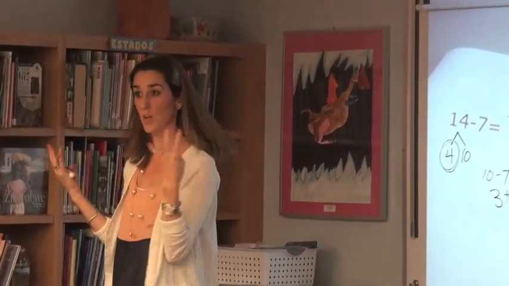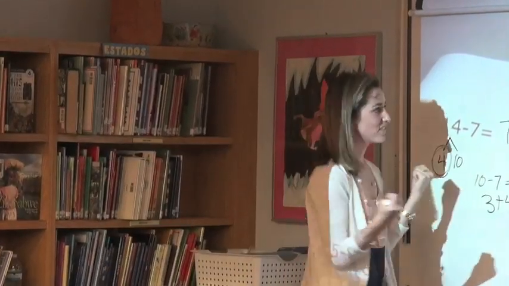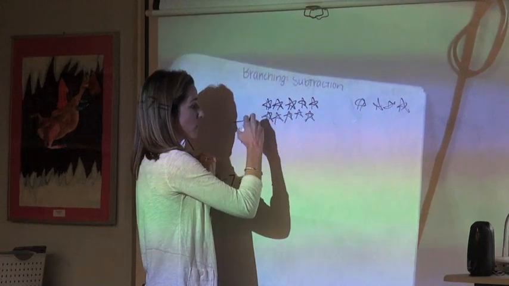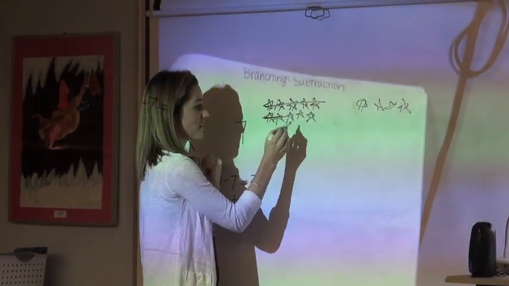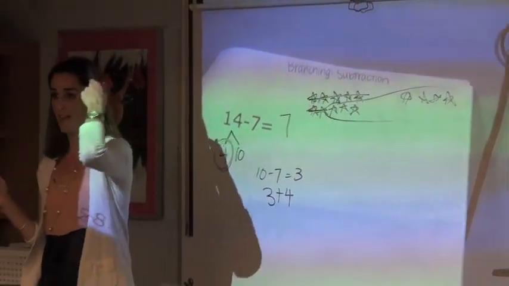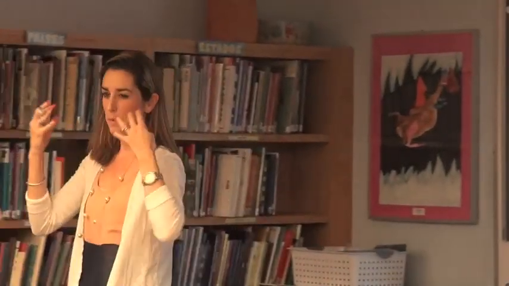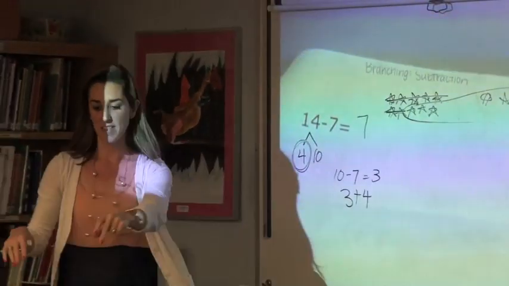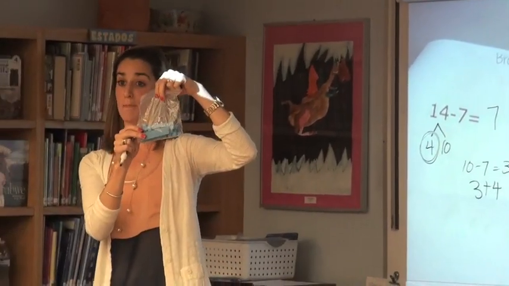I need to take 7 away. Okay, so I'm going to take 7 out. Well, I can't take 7 from over here, so I'm going to take 7 away from here. 1, 2, 3, 4, 5, 6, 7, and then there's my leftovers that I add. 3 and 4 is 7. So that's like the pictorial part. This is more the abstract, and this would be more concrete.